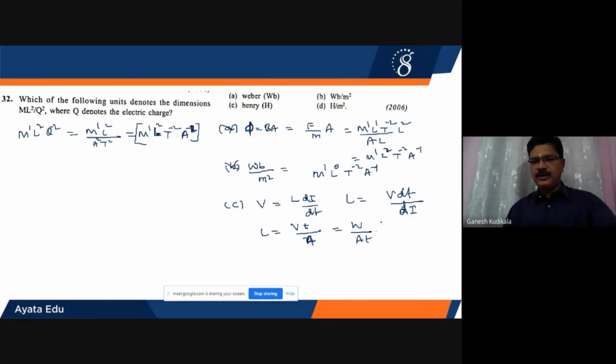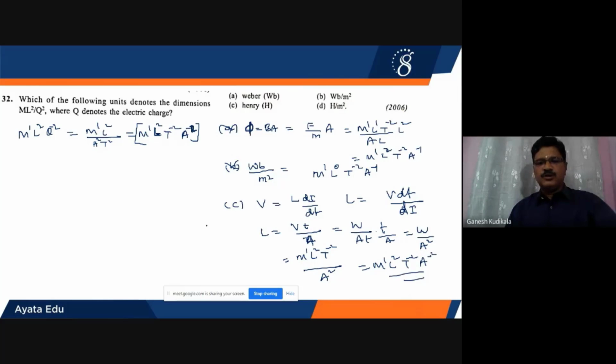A into T divided by area, divided by current. T will get cancelled. Therefore, W by A square. W will be work done. Work done will be equal to M1 L2 T power minus 2 divided by A square. Or you can write M1 L2 T power minus 2 A to the power of minus 2.